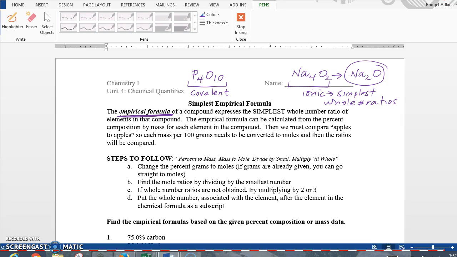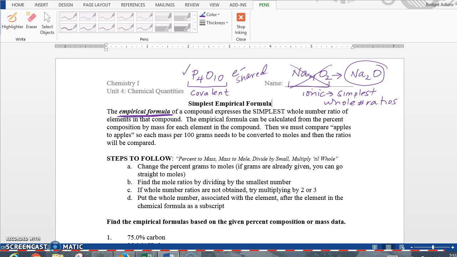But for a covalent compound, electrons are being shared, and sometimes it takes more than a simplified ratio to get enough electrons for their octet. Whereas in an ionic compound, we're talking electron transfer, so the nonmetal can get its octet by taking electrons from the metal. So this would be perfectly fine for a covalent compound, but we wouldn't ever want to write an ionic chemical formula like that.